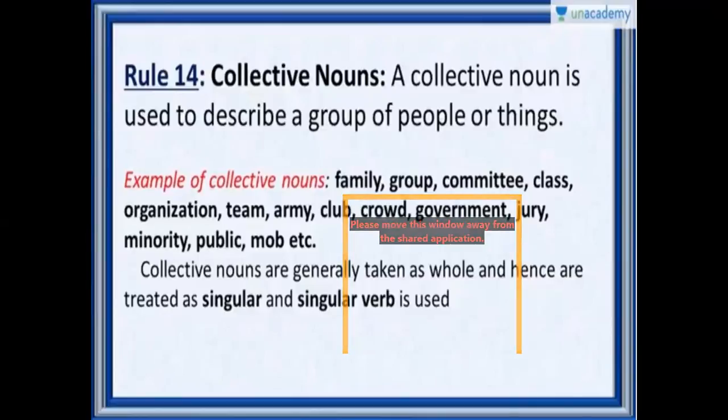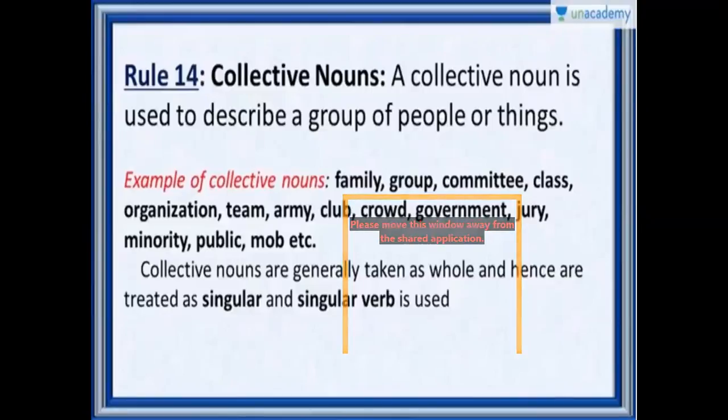But majority of the population, we are talking about the maximum number of people, then you go for plural. Understand? Friends, a collective noun is a single name given to a number of things or people. Therefore, even though it is collective, it has to be treated as singular. Therefore, the verb should also be singular.